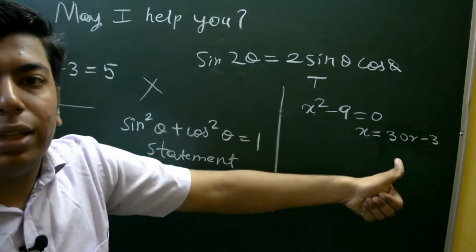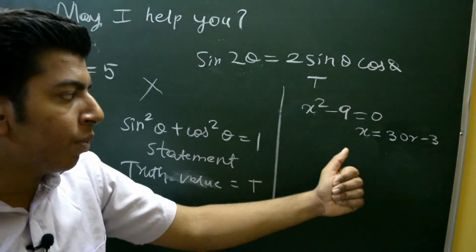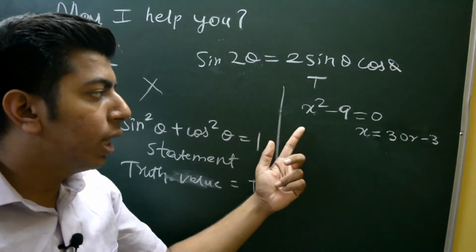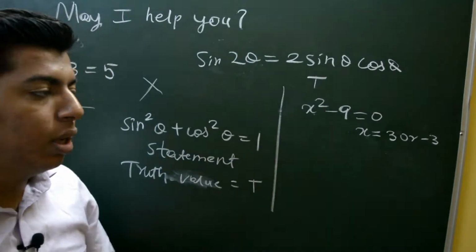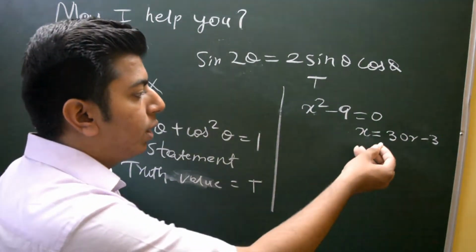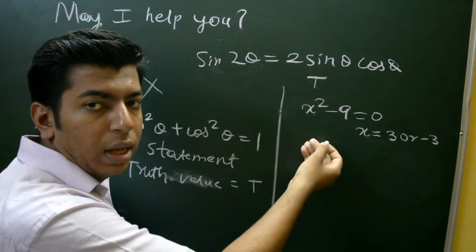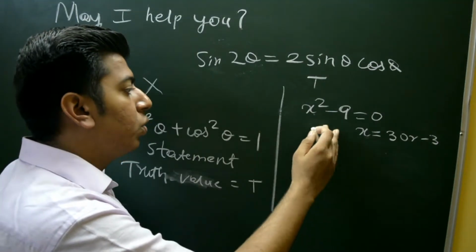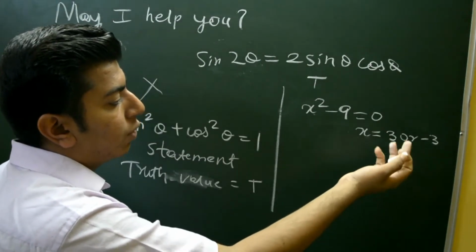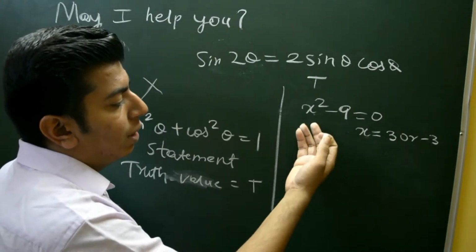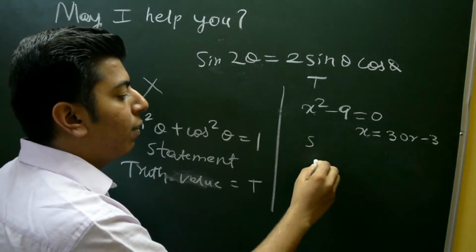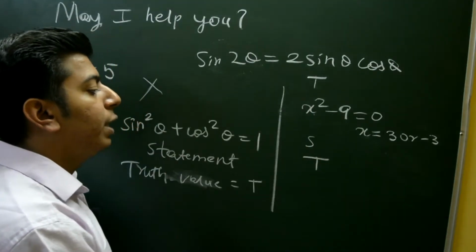But after giving this value, it has become a statement. So we put this value of x in the expression and check. 3 square minus 9 is equal to 0, that is 9 minus 9 is equal to 0. Yes, it is true. Minus 3 square, that is 9 minus 9 is equal to 0. Yes, it is true. So this is a statement which has the truth value T.